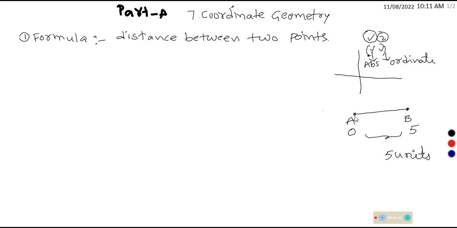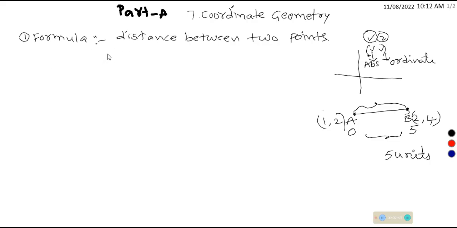But if we are given A point and B point in 2 dimensions, how will we find it? For example, here is given 1 comma 2, here is given 2 comma 4, okay. How do we find the distance between these 2 points? By using this formula, the distance between 2 points formula.